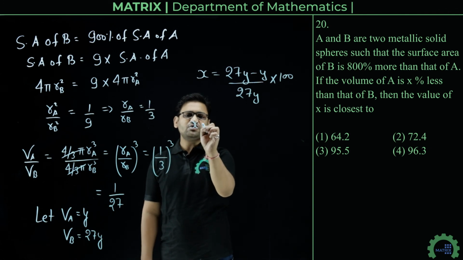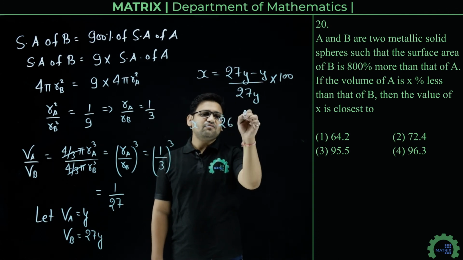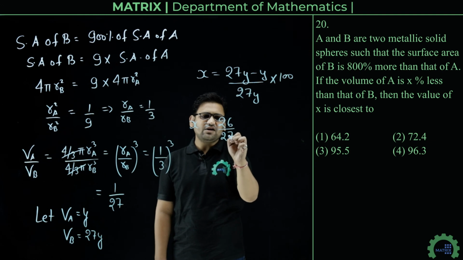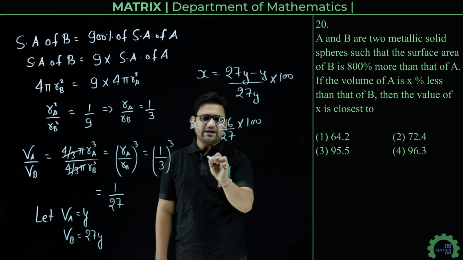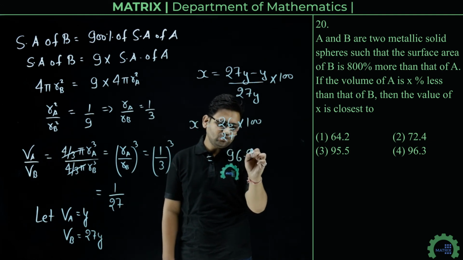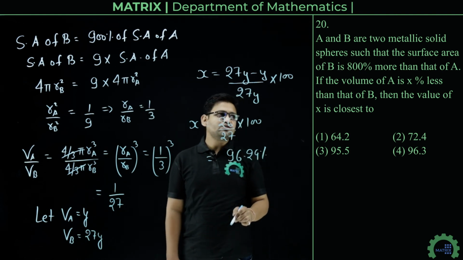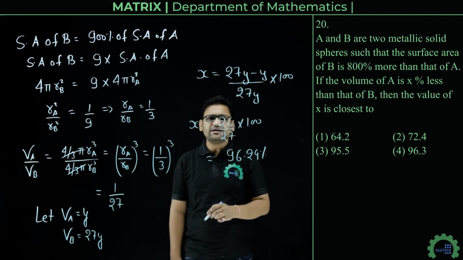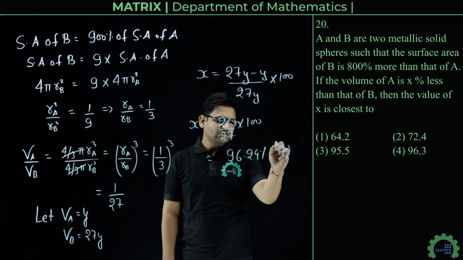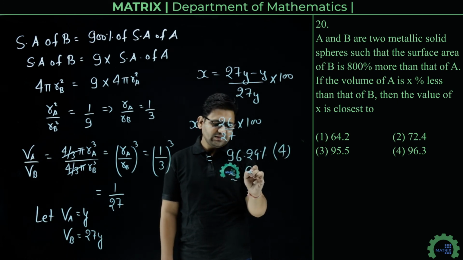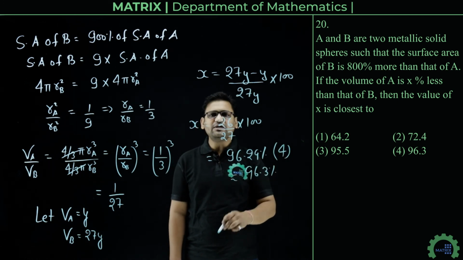So we get X equals 26Y upon 27Y, Y cancel out each other, multiplied by 100, that is equal to 96.29%, which is closest to 96.3%, which is option number 4. So option 4 is the correct answer, which is 96.3%.